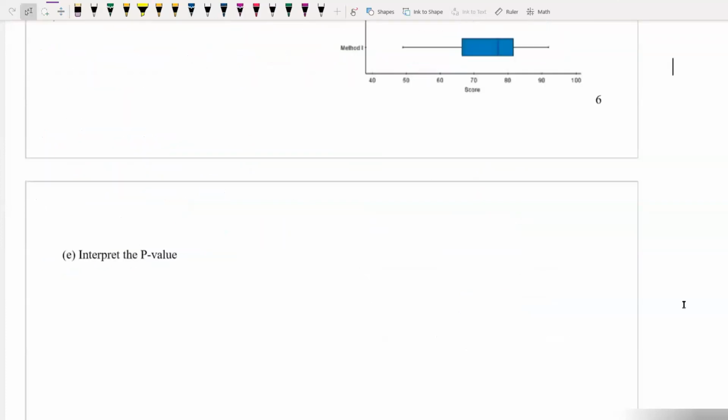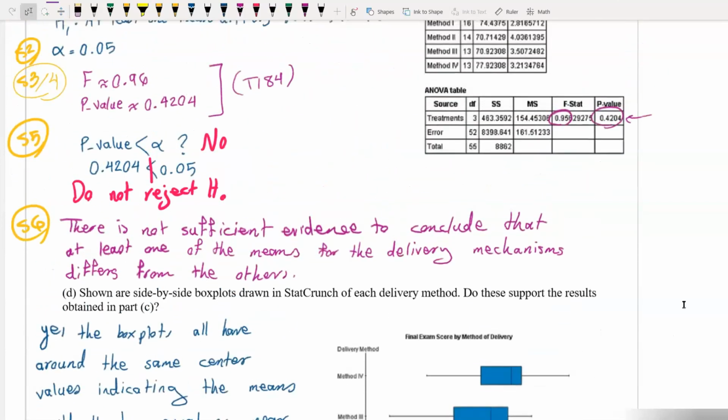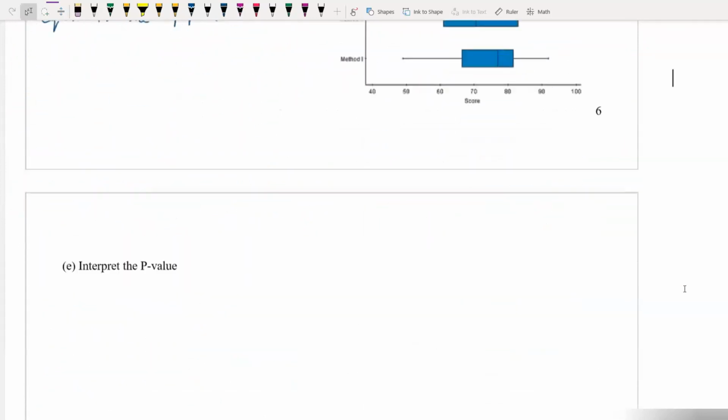We have to interpret our p-value. The p-value was 0.4204.